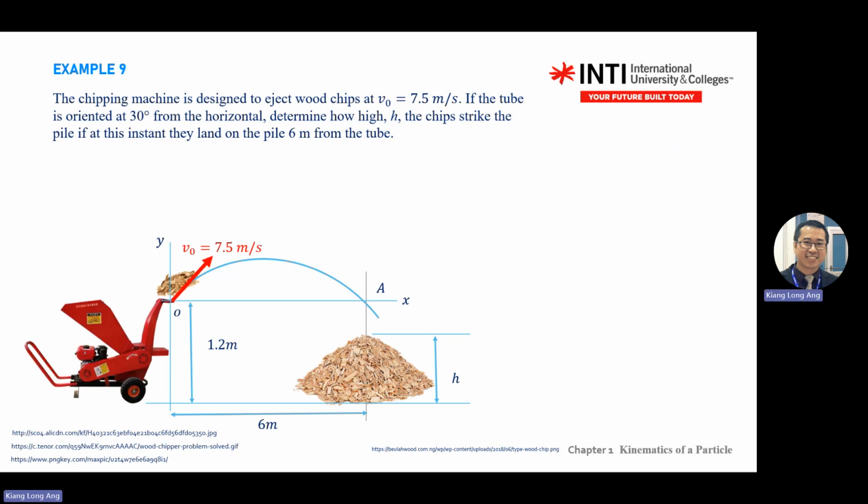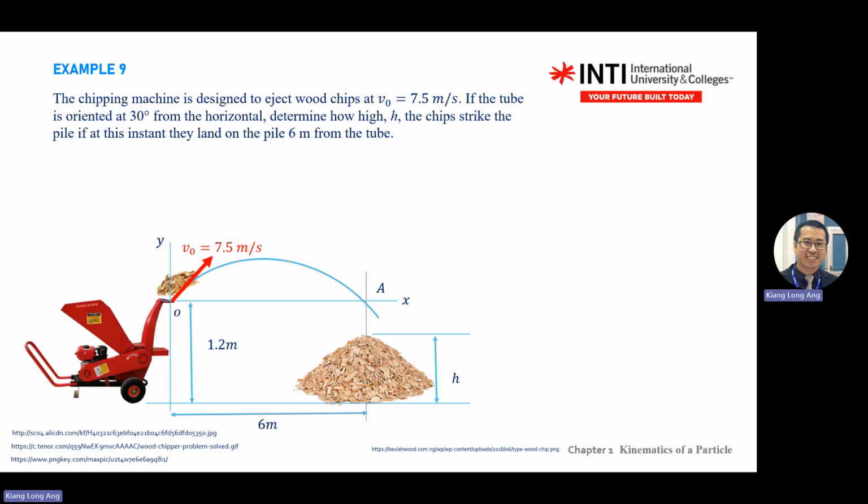This is your origin. Mark the origin point first. Then from the origin, mark your axes, where is positive, where is negative. So y going up is positive, x going to the right is positive. So establish your x and y axes. Mark the origin, establish xy.